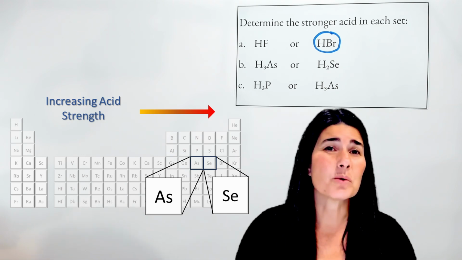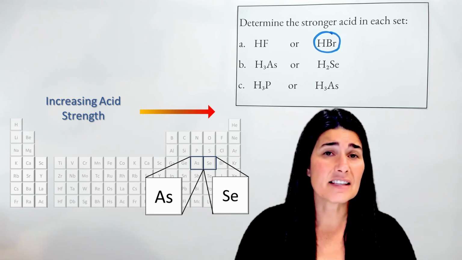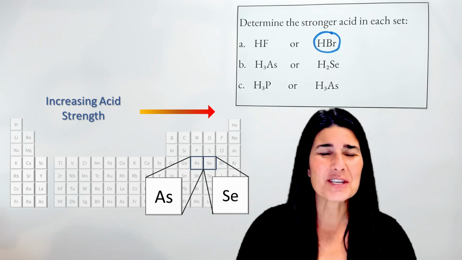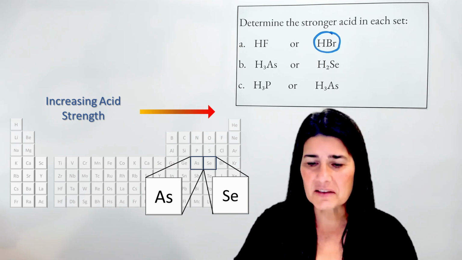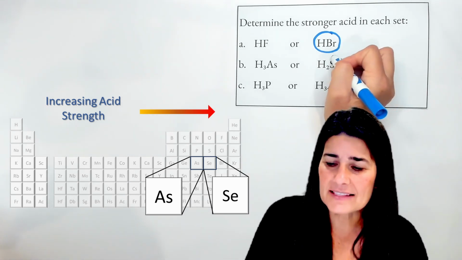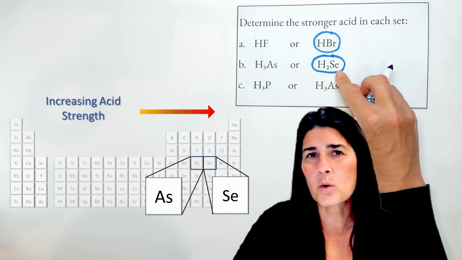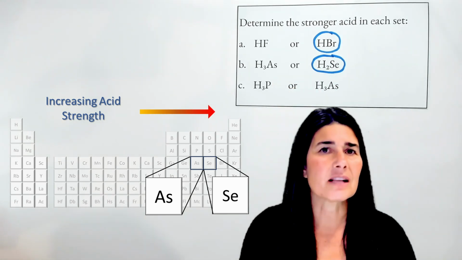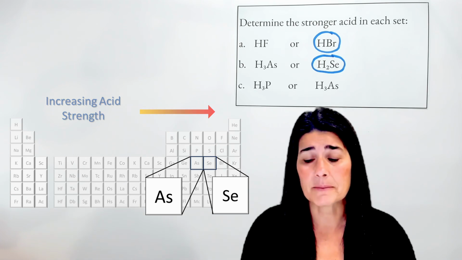When comparing two elements along the same period, we know that acid strength will get stronger as we go from left to right on the periodic table. This is because of electronegativity. We're going to choose the acid H2Se because selenium is a more electronegative atom than arsenic. It pulls electron density away from hydrogen more than the arsenic atom does.